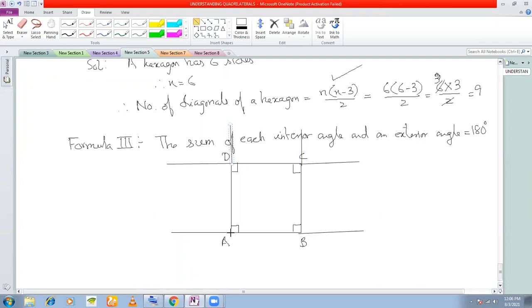All these are exterior angles. So this exterior angle is also 90, this is also 90, this is also 90. So you have 4 interior angles and 4 exterior angles. The number of interior angles must equal the number of exterior angles, and each interior angle plus each exterior angle must be equal to 180 degrees. This is the third formula.